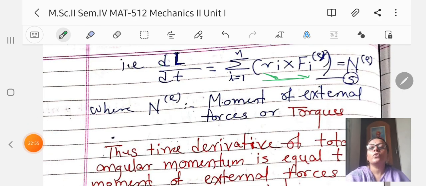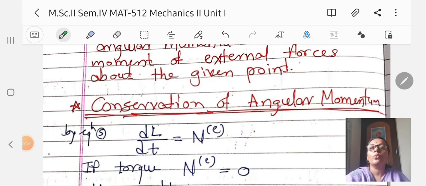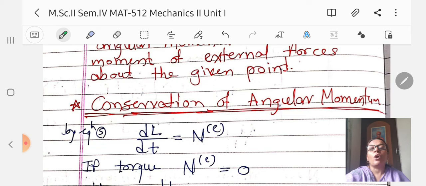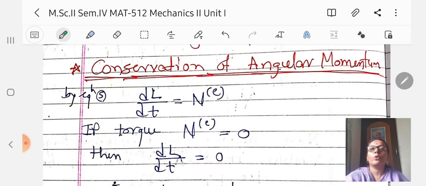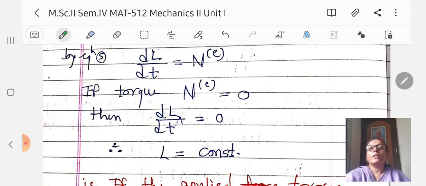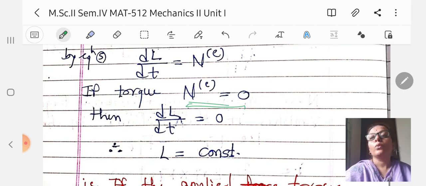Now, using this equation, dL by dt equal to N e, by equation 5 we can derive conservation of angular momentum. Here N e is the total torque. If the torque N e is equal to 0, then the left hand side becomes dL by dt equal to 0.